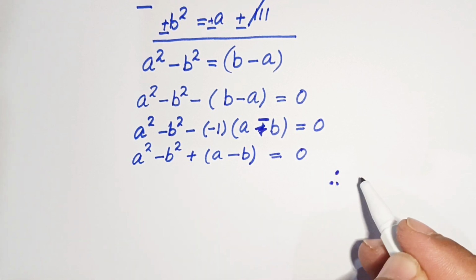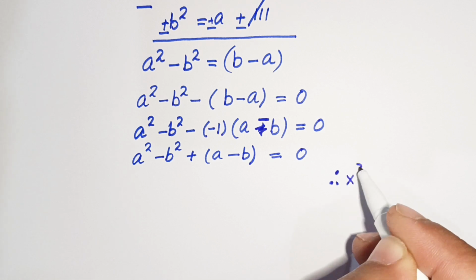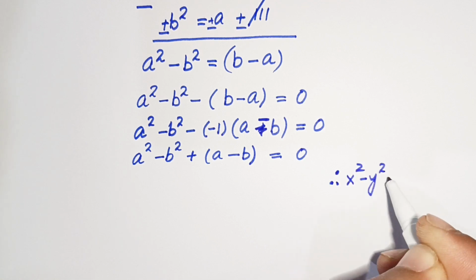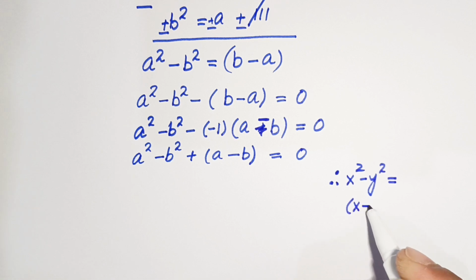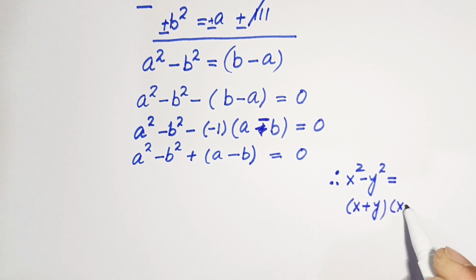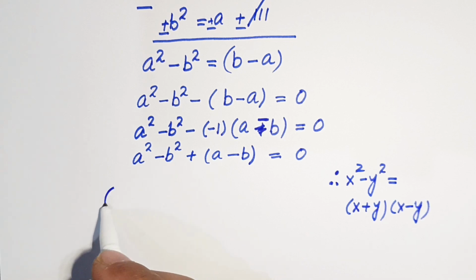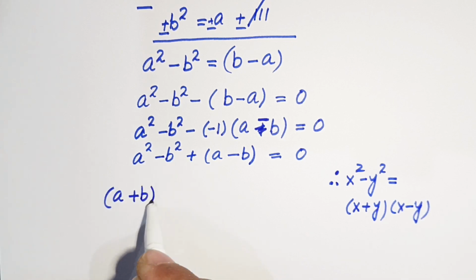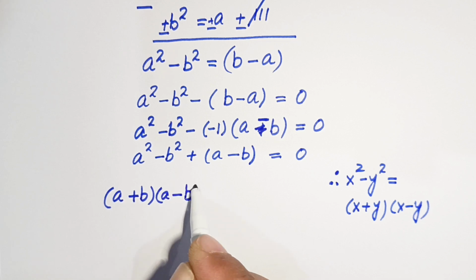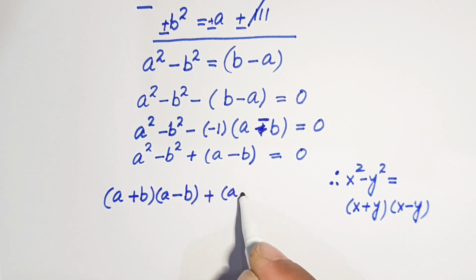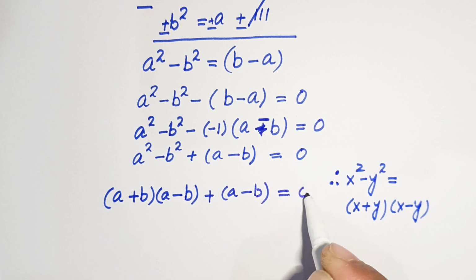If we have x squared minus y squared, it will be equal to x plus y times x minus y. So applying here, a squared minus b squared will be a plus b times a minus b, and here plus a minus b, which is equal to 0.